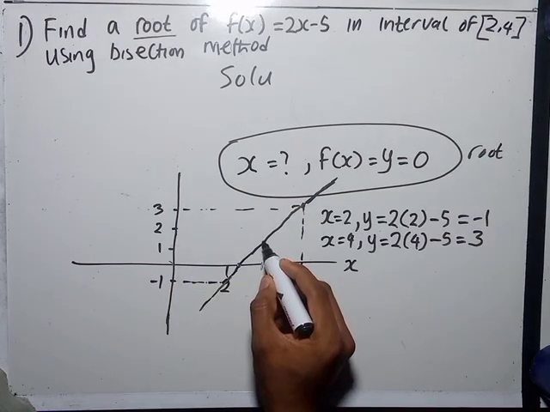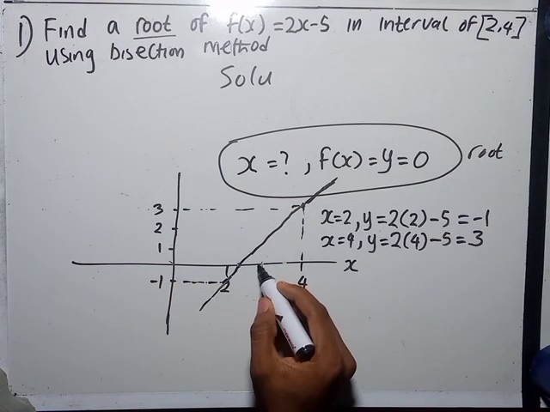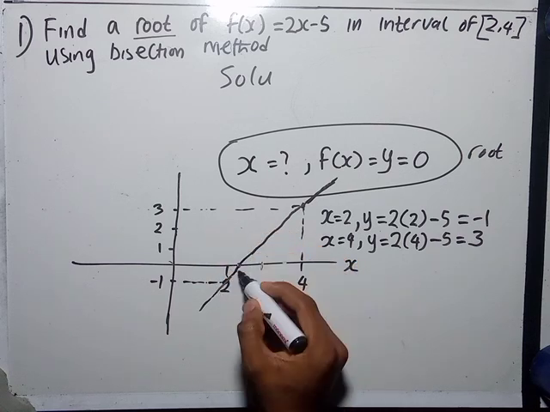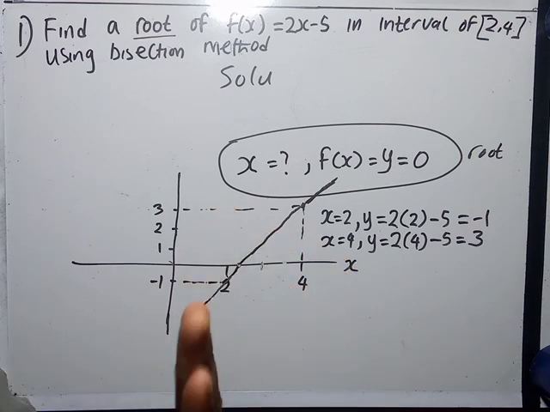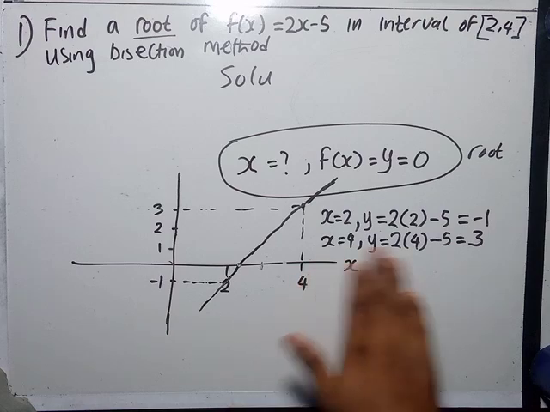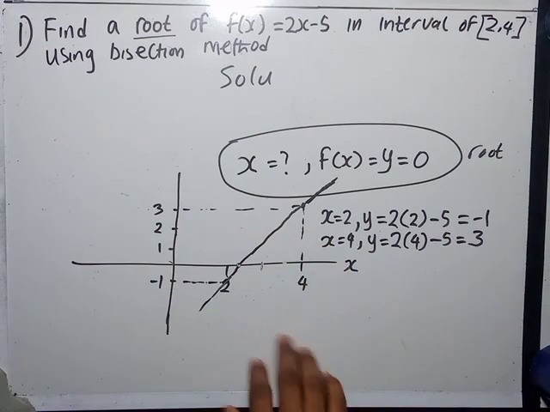Trace it on this line. Get it. If it is not going to be giving us 0, we'll keep on trying to get this particular value. So we'll keep on dividing till we get the value or close to the value. So we have done the first step, and this is what our graph is telling us.